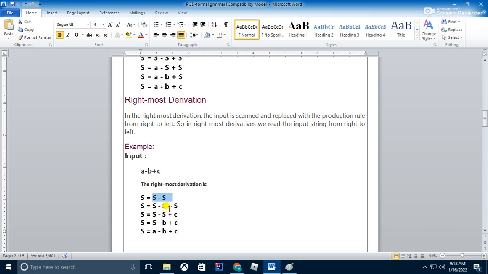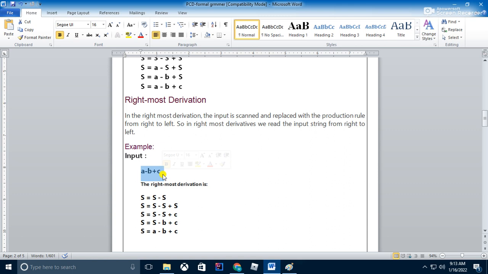Then we selected the input string, and based on the production rules we started with the right hand side of the production rule. So we have replaced S like this. Now we have the production rule, so we replaced it first by c, because the input string is a - b + c.